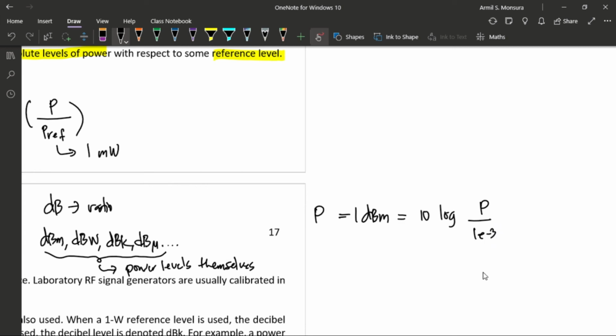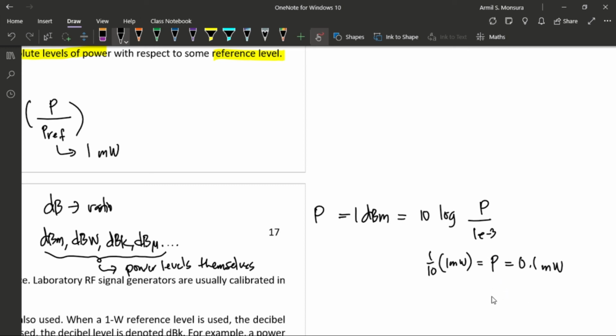So this is 1/10 times 1 milliwatt, so the power we discussed here is 0.1 milliwatts.